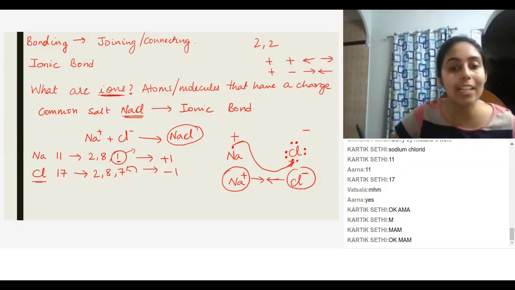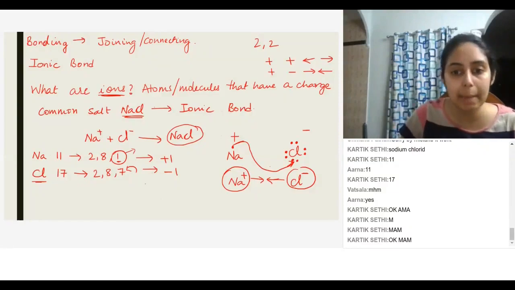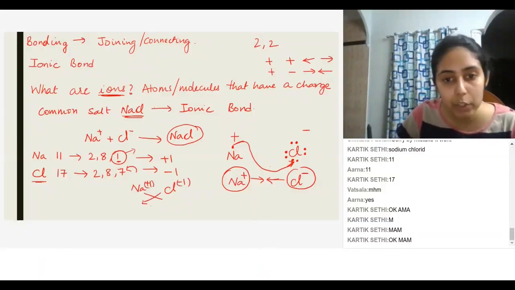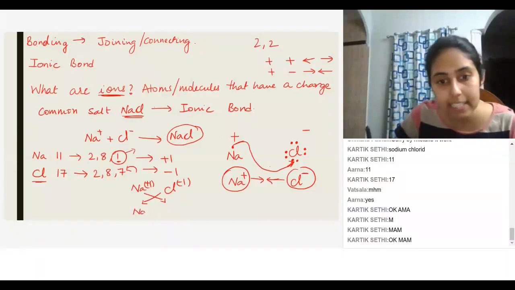That is called the cross multiplication rule. Let me explain that. Na plus meaning +1, Cl minus meaning -1. These will cross multiply and you'll end up getting NaCl.